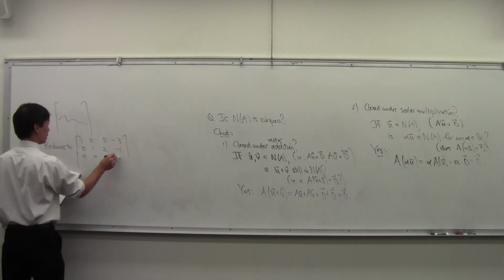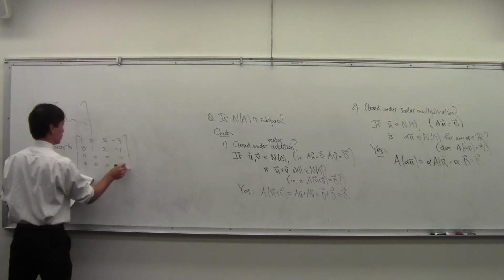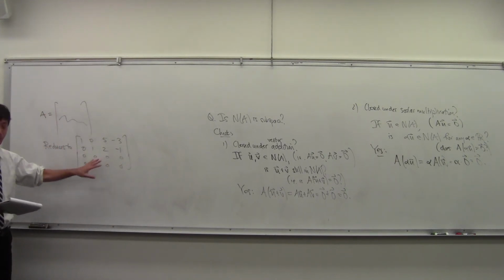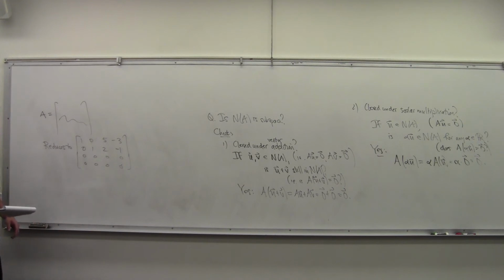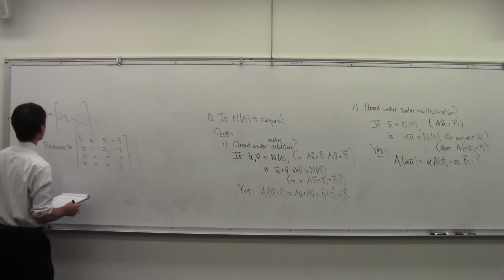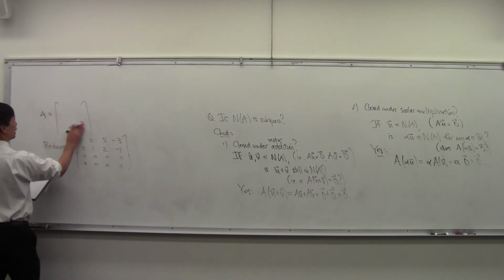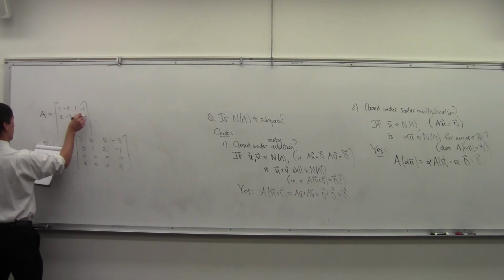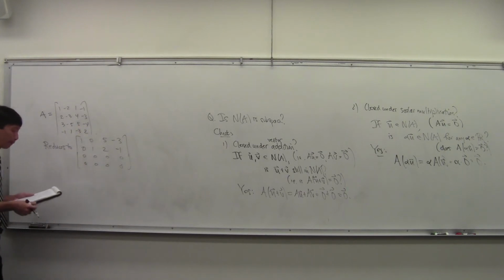Anyway, whatever it is, it reduces to this guy. Sorry, maybe I should write it down. Why am I so lazy? 1, negative 2, 1, negative 1, 2, negative 3, 4, negative 3, 3, negative 5, 5, negative 4, negative 1, 1, negative 3, 2.